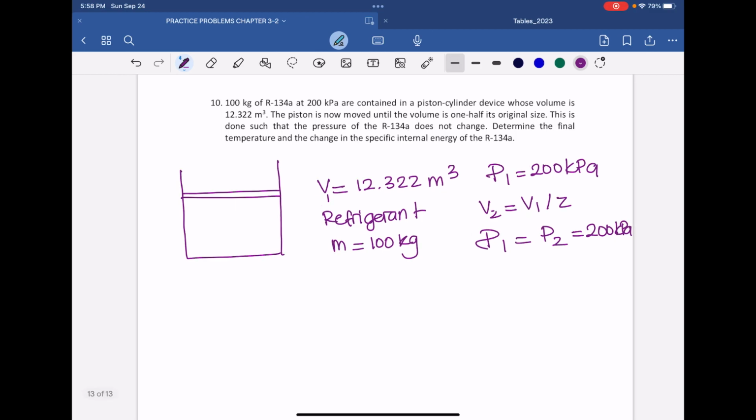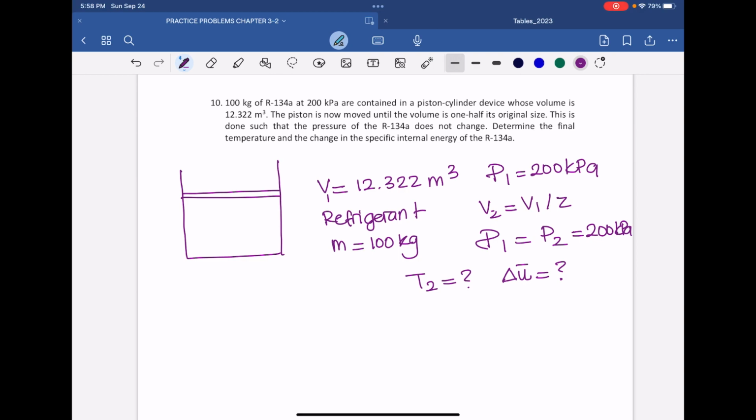Determine the final temperature and the change in the specific internal energy. All right, so this is refrigerant. They're asking for properties of our system, and we need to look at the refrigerant tables for that.